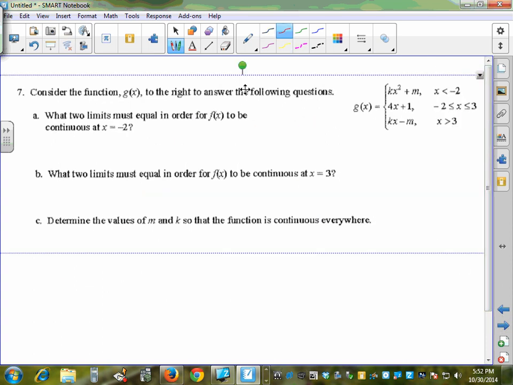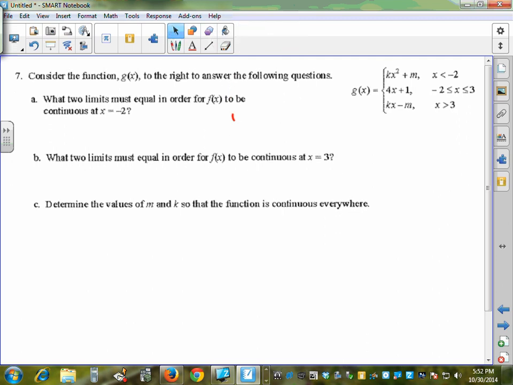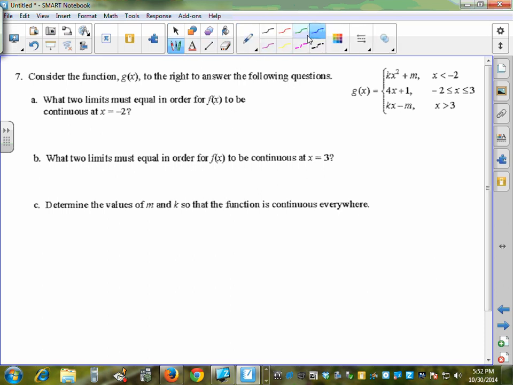All right, let's look at this one, number 7. Two limits must be equal for the function to be continuous at x equals -2. First of all, we know the limit of kx squared plus m as x approaches -2 has to be equal to the limit of 4x plus 1 as x approaches -2.